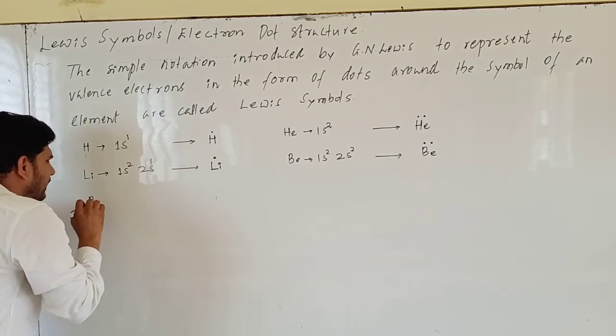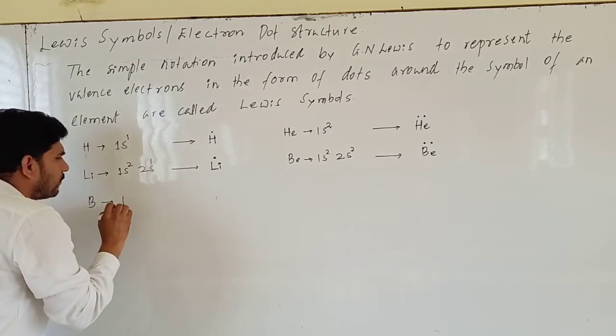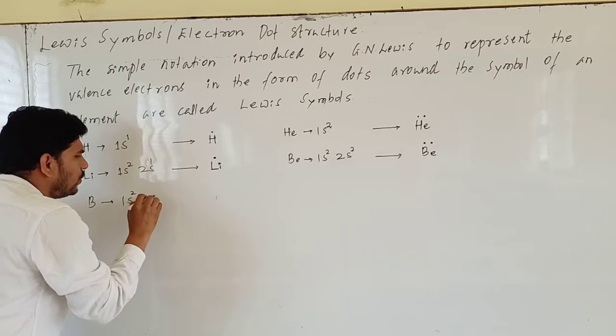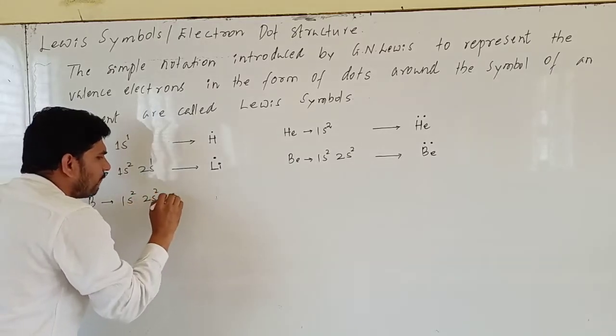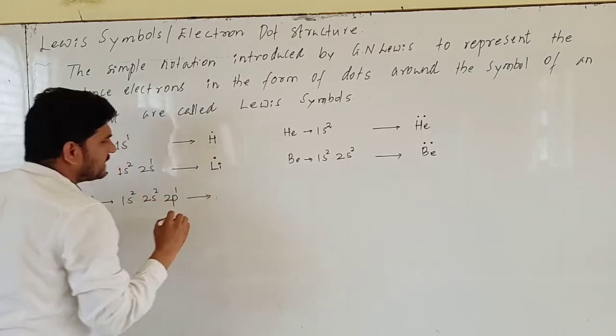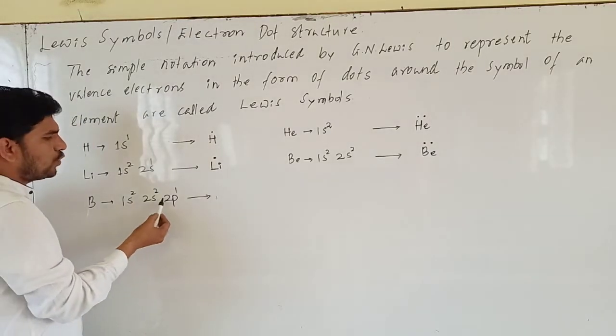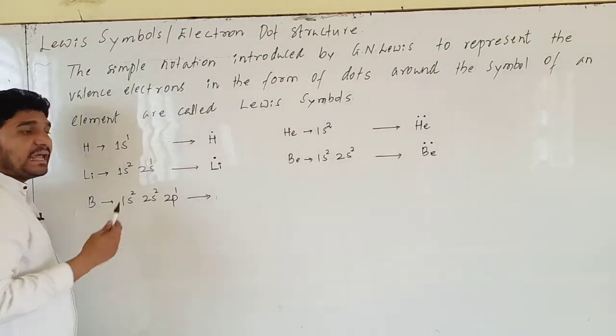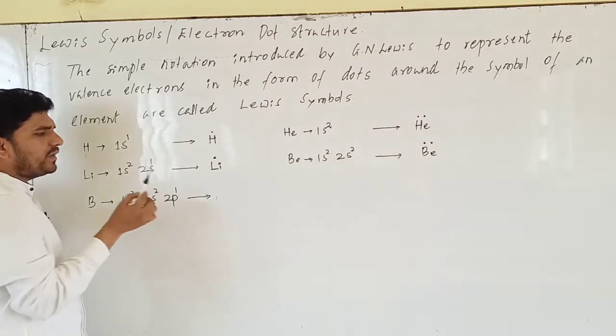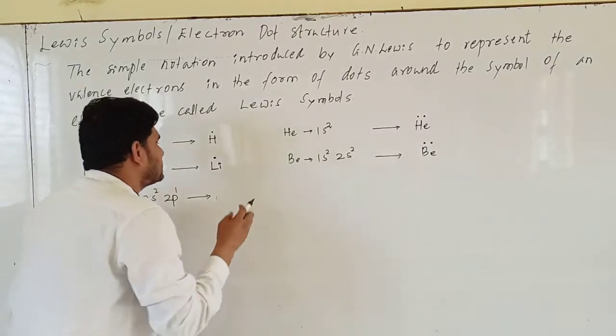Boron, with atomic number 5, what is the electron configuration? 1s2, 2s2, 2p1. How many valence electrons are there? Both 2s and 2p are valence. This is the outermost shell, that is the L shell. Totally three valence electrons.